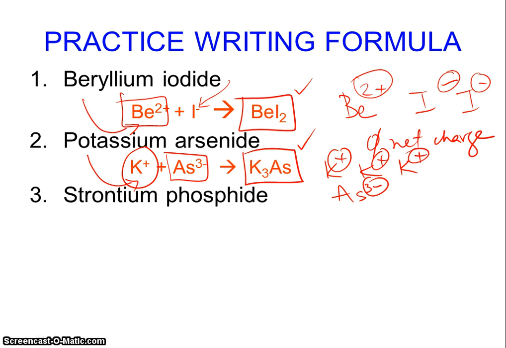Next, strontium phosphide. Strontium is Sr2 plus from alkaline earth metal. Phosphide, similar to nitrogen, can be a 3 minus.